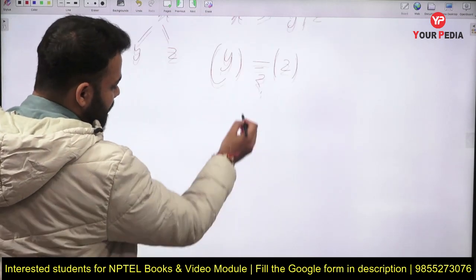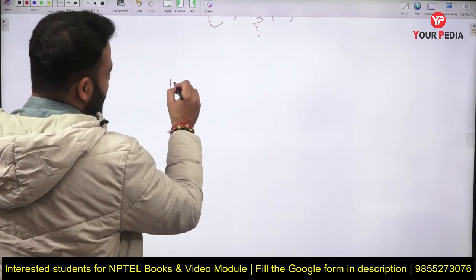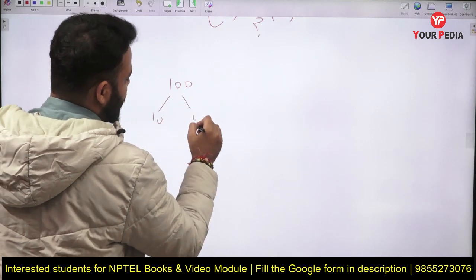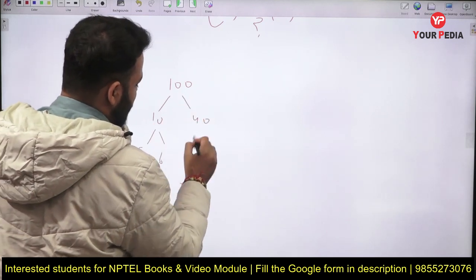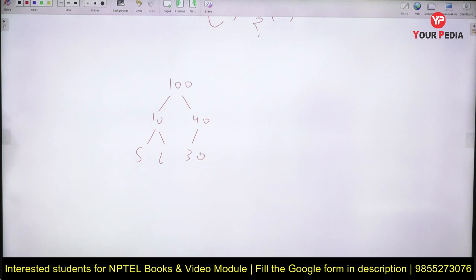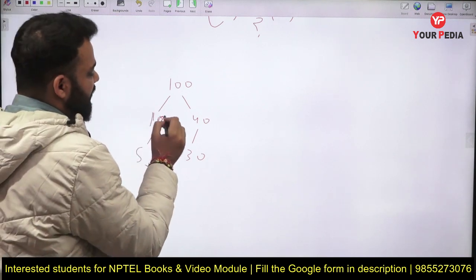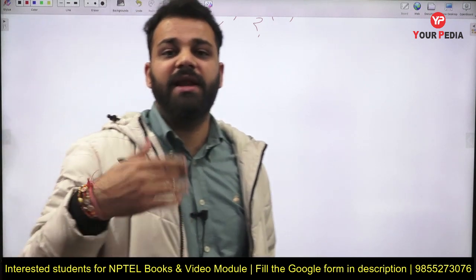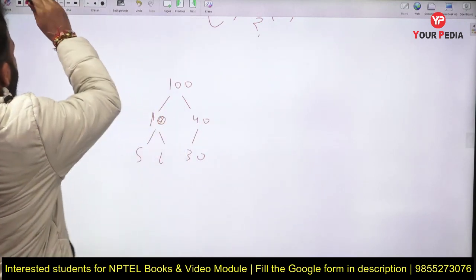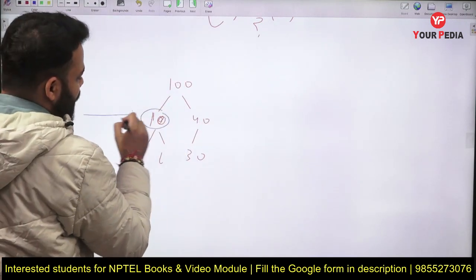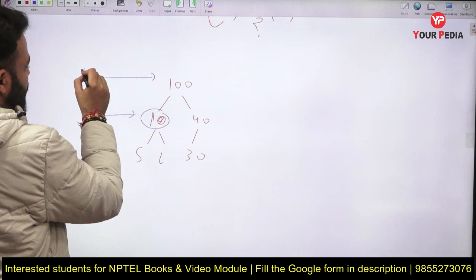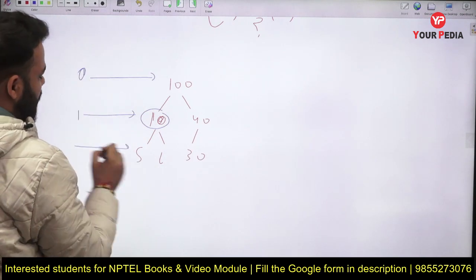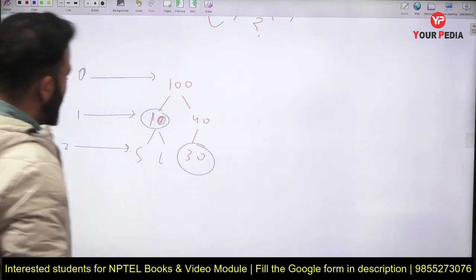Let's say that you have a heap tree. Let's say 100 here, 10 here, 40, 5, 6 and 30. Now in this case you can see that 10 is clearly on the level above 30. 10 is on this level, so this is the 0th level, height 1, height 2, and 30 is at height 2.